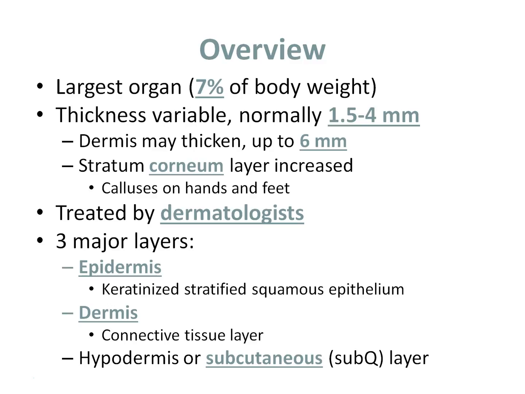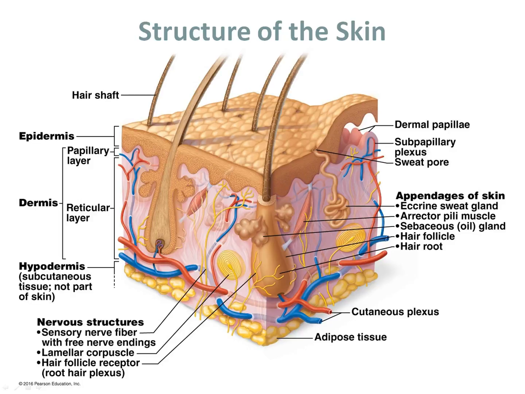And the hypodermis is made up of connective tissue as well. It's primarily adipose tissue, so sometimes we also call this the subcutaneous layer. We'll abbreviate that sub and the letter Q, so you may have seen this if you work in a medical setting. The structure of the skin can be seen here.